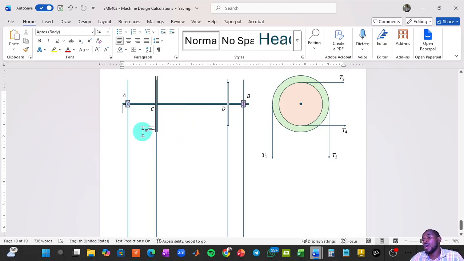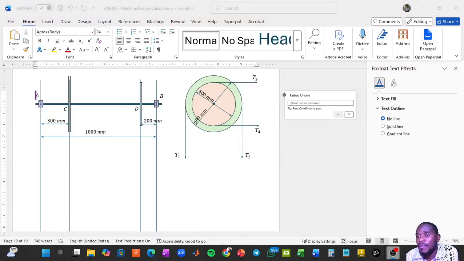Okay, so I'm going to put those dimensions there now so you can see the distance between them. So here we have our dimensions. The 600 millimeter diameter pulley, as is illustrated here. 600 millimeters is the bigger one, the green one, right? And is 300 millimeters to the right of the left hand pulley.